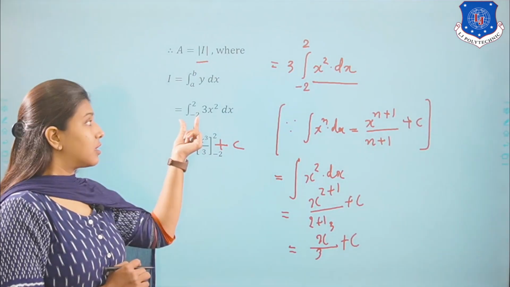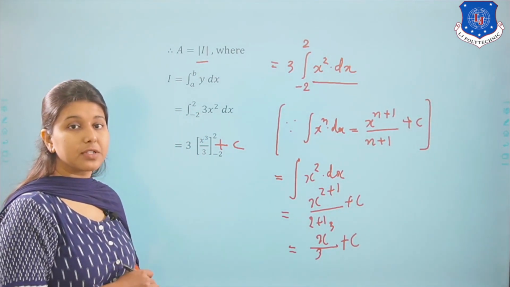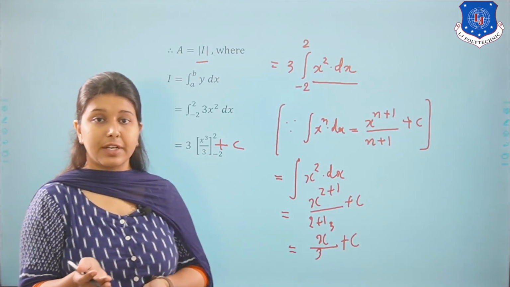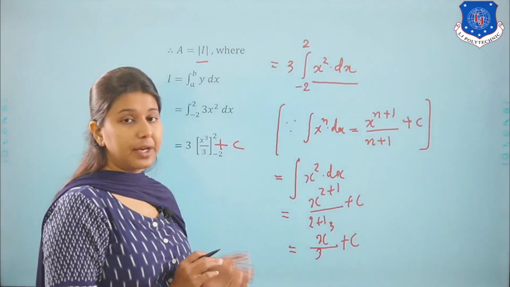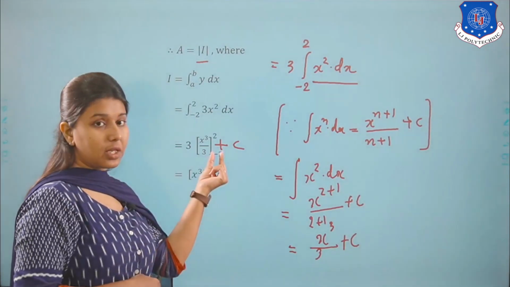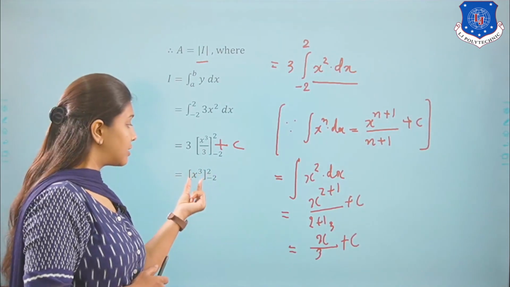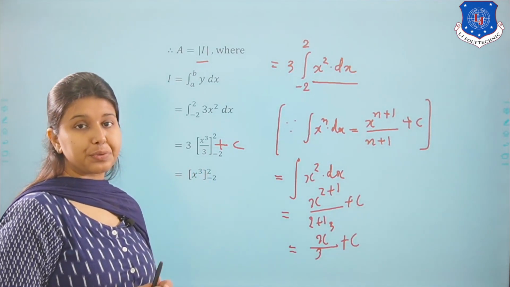That means if you have limits of your integration, you are in definite integration, and for definite integration you do not need to write plus c here. Then this 3 will be cancelled out, so we have x cube, with limits minus 2 to 2.